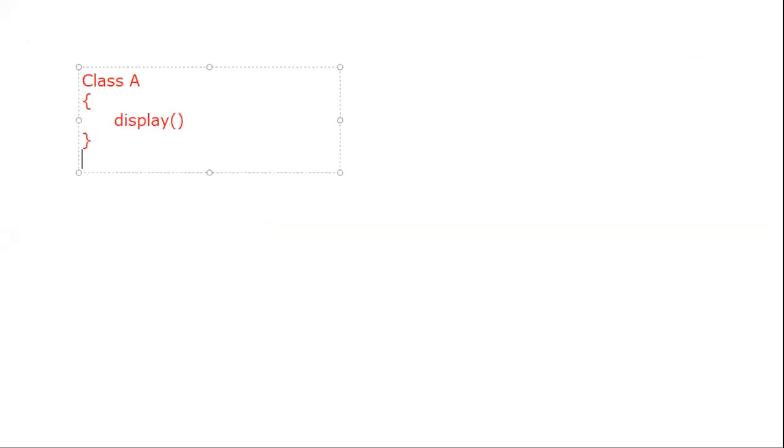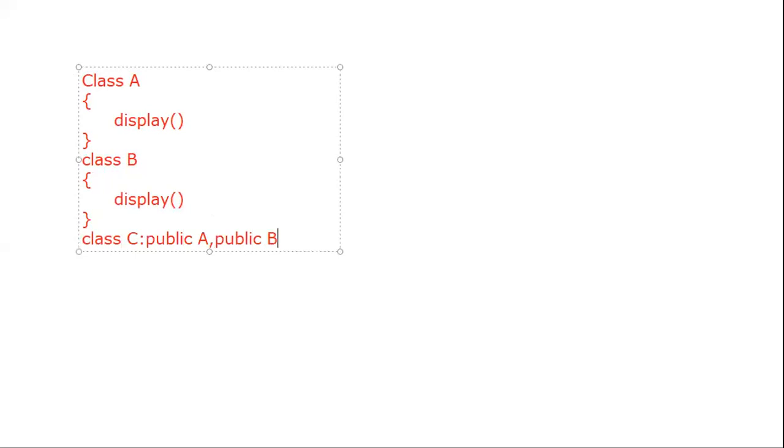Next, this is class B, and class B also has the same function name, display, but they perform different tasks. Next, use class C, which inherits both these classes, and again it performs different operations.